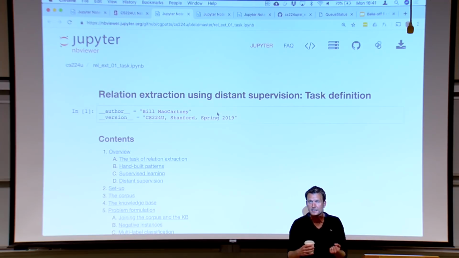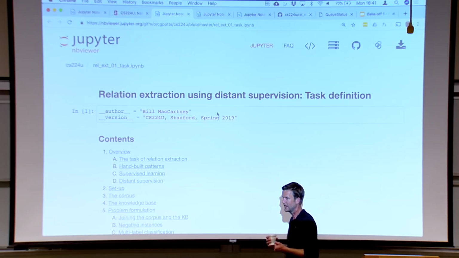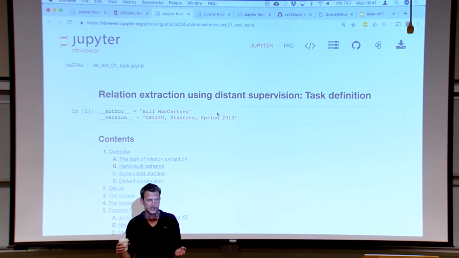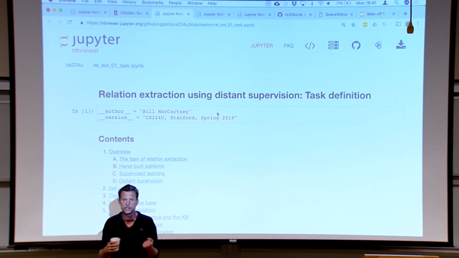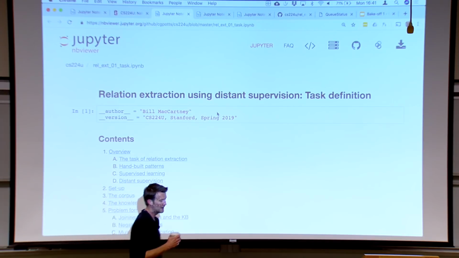The idea of distant supervision enabled people working on relation extraction suddenly to be able to use 100 times as much data as had ever been used before for relation extraction. And that enabled vastly greater statistical power in the models that were trained. And I'll explain how that works in a moment.